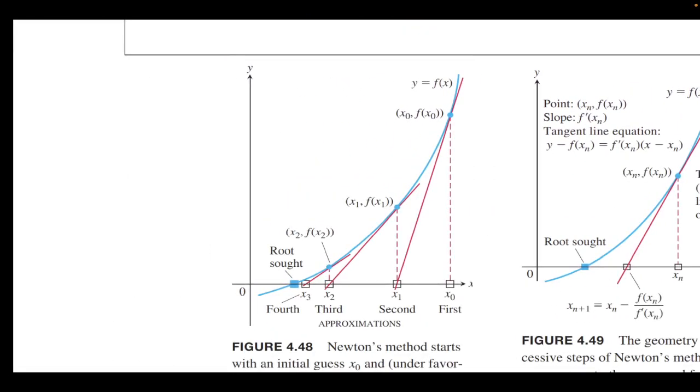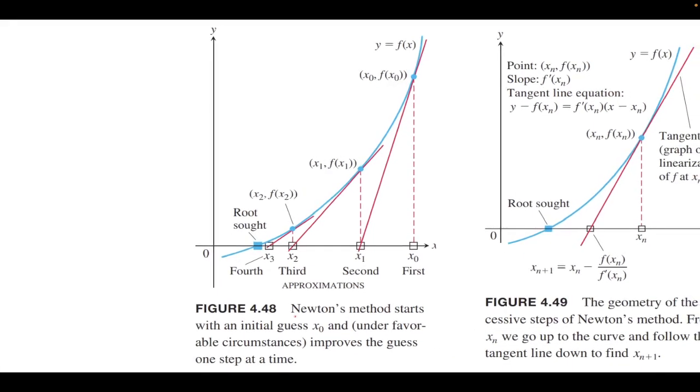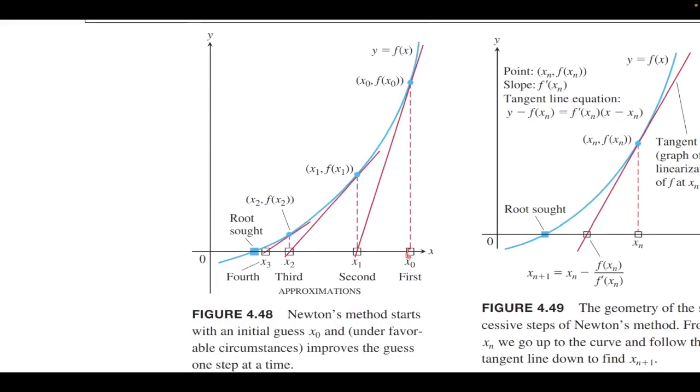So if we look at this first graph over here on the left, let's read what the caption says. Newton's method starts with an initial guess x naught, and under favorable circumstances, it improves the guess one step at a time. And we'll look at the unfavorable circumstances a little bit later. So you can see our first guess, and essentially that formula is going to send us up to find the tangent line, and then we look at the x-intercept from the tangent line, and that is going to give us our second approximation.